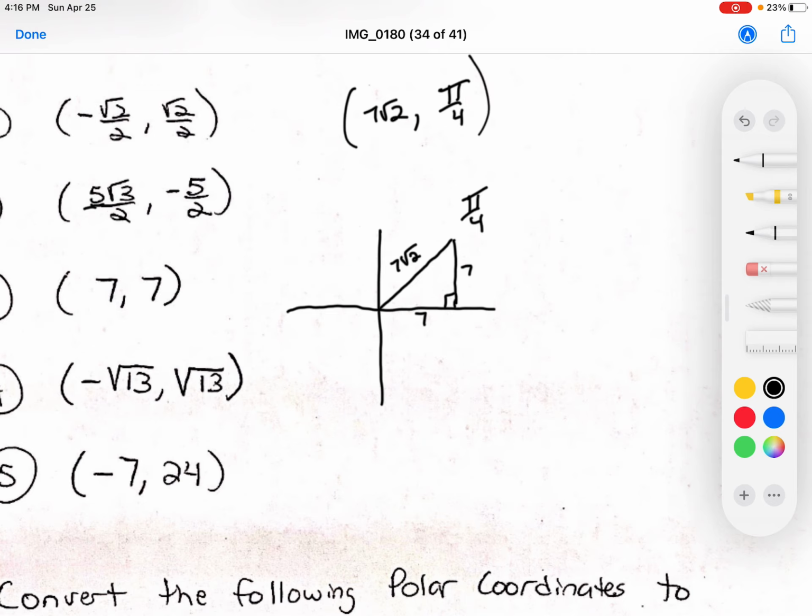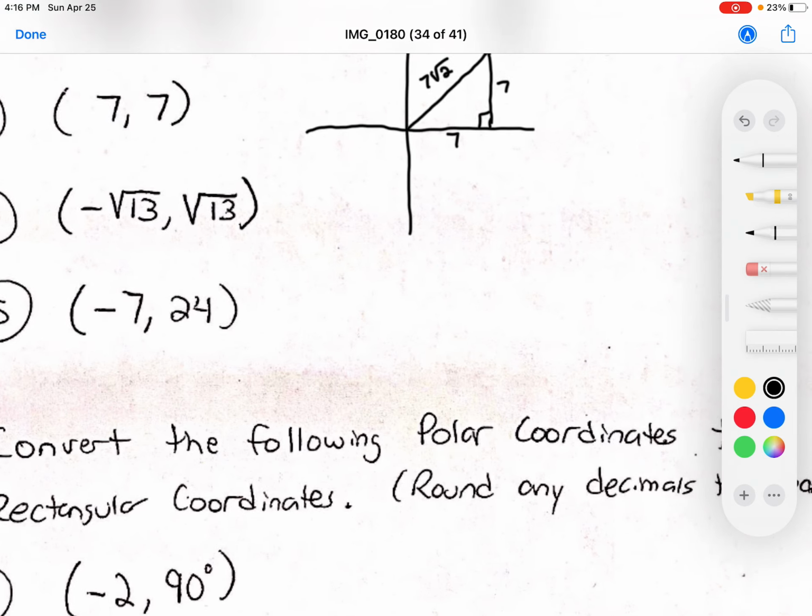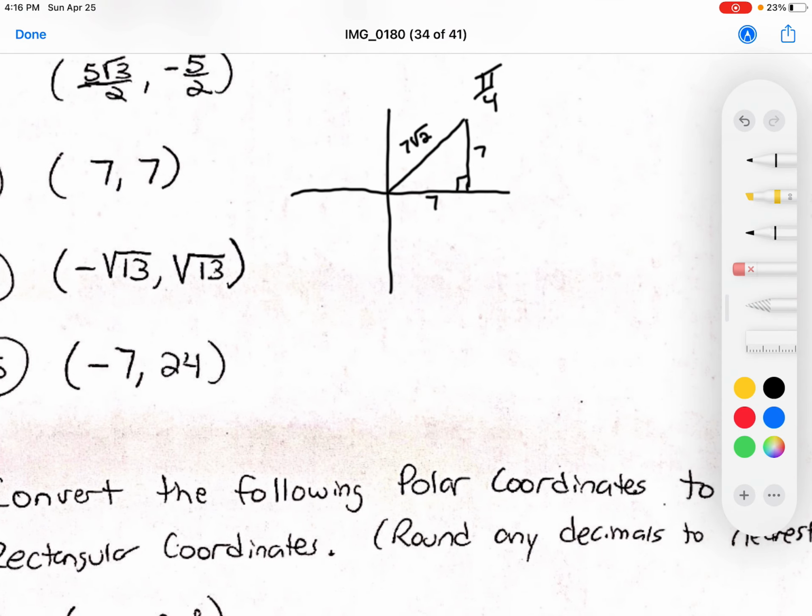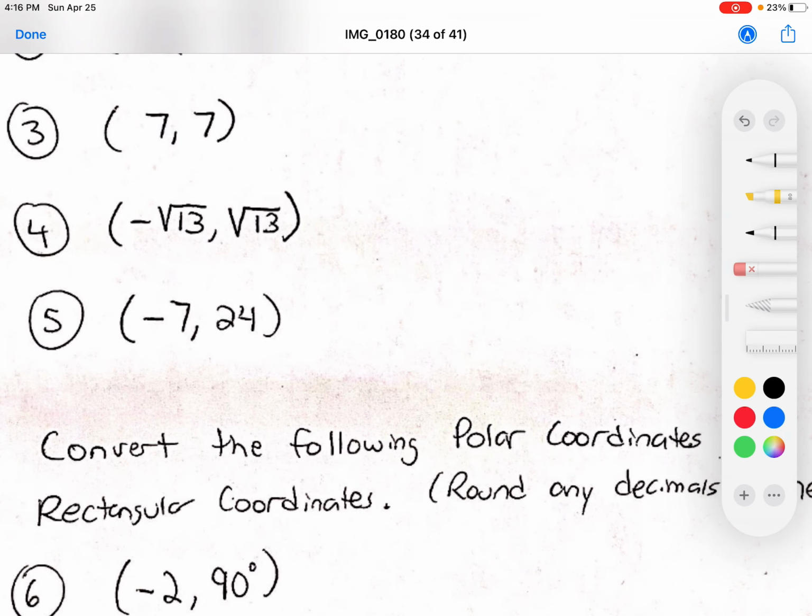Okay. What about number 4? Number 4, we have the same x and y, just different signs. So this is a negative positive. So we're going to be right in the middle of our second quadrant. And so you got negative root 13, positive root 13.